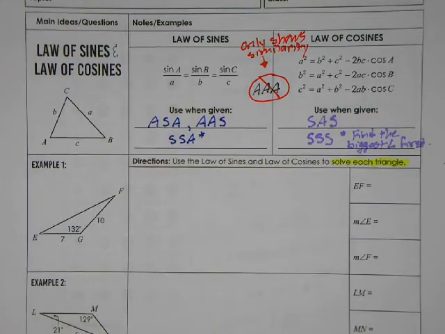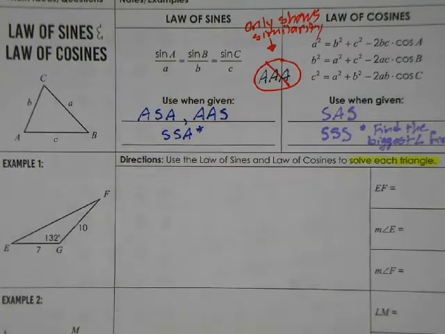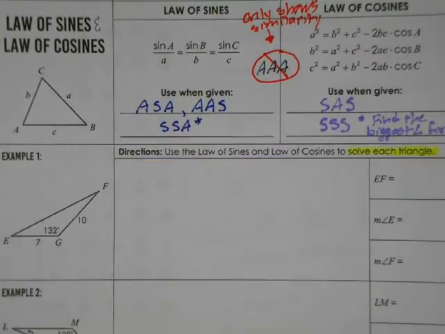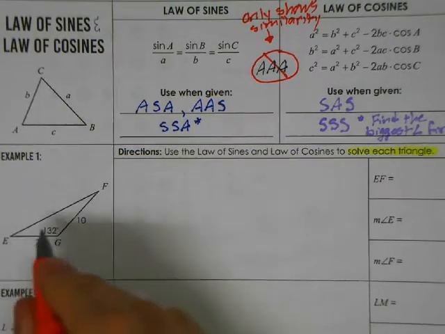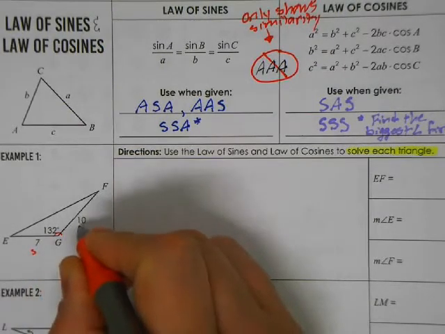So let's see if we can zoom in a little bit here and make it a little easier to see what's going on. Looking at the figure that we have in example 1, in this case, they've given me a side, an included angle, and another side.